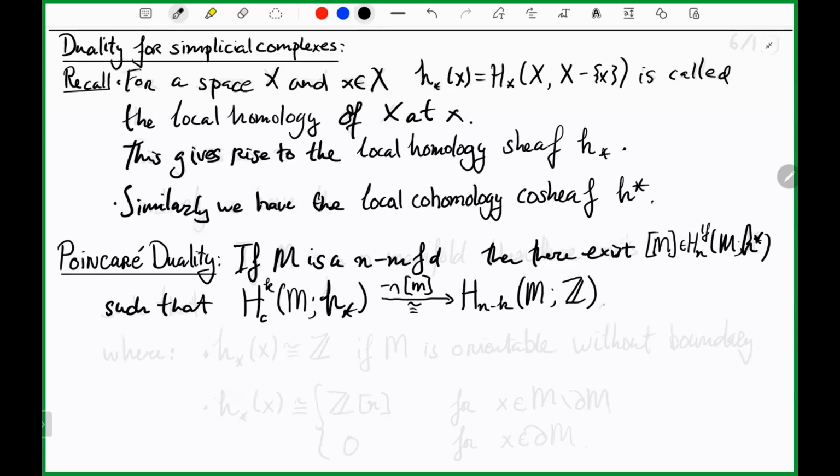So that's stated in a bit of a weird way. Let me clarify how this relates to the way you love talking about Poincaré duality.